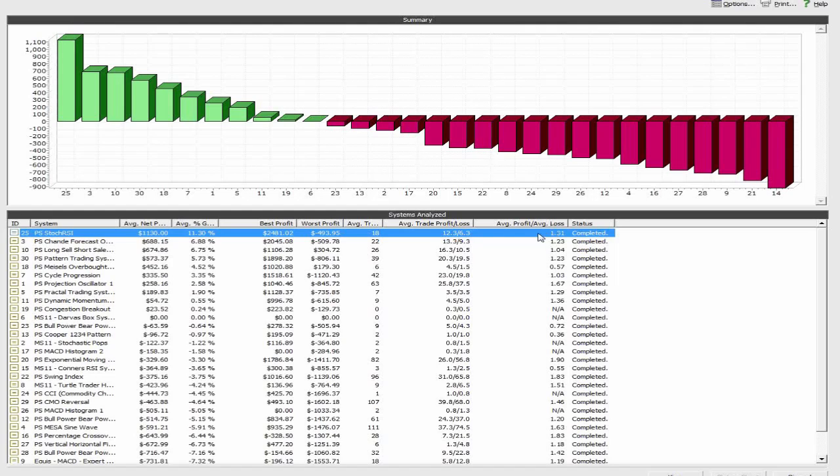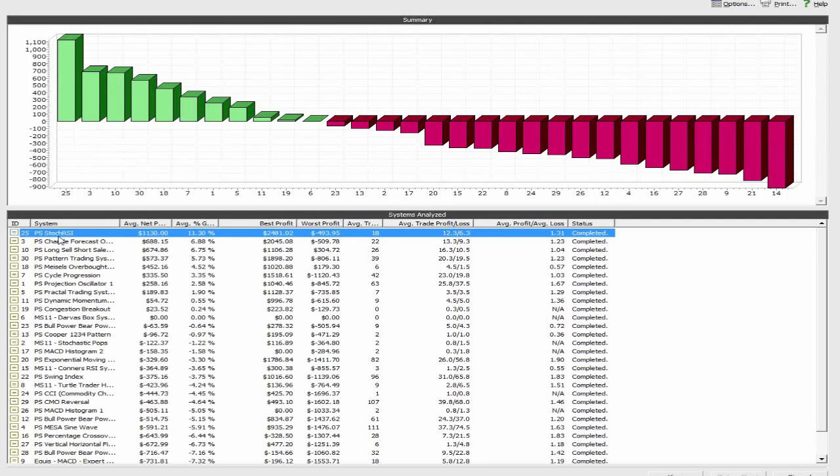So we can see there are a couple of things we focus on here. Again, if you're new to trading, you want to focus on what's working in the market, on the indicators that are working, and not on the stuff that's not working.